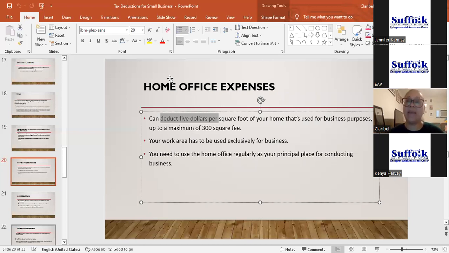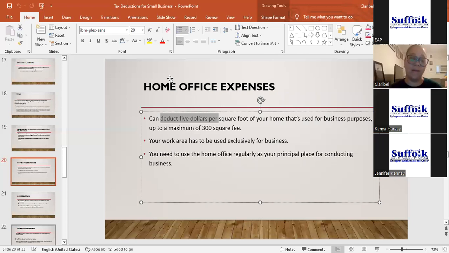Right. So then you would have to calculate how much of your kitchen you're using for business. In this case, you give yourself an estimate, like, okay, I use my kitchen half the time for my business. So you would take your electric, that portion of the rent, that you use in your home.